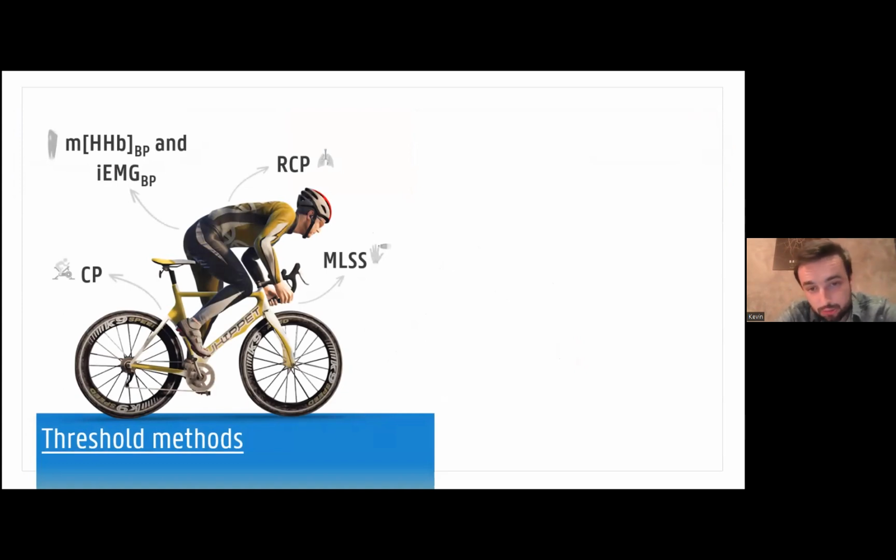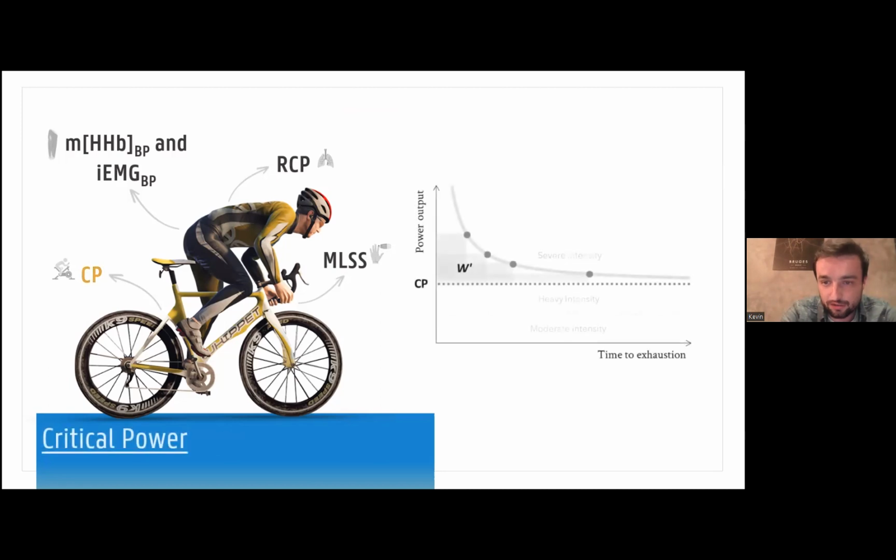And the most known, or another reference method, is, for example, the maximal lactate steady state. We also have the respiratory compensation point, and more at the local level, for example, at the working muscles, the vastus lateralis, we can also measure muscle oxygenation, muscle activation, and also in these responses during exercise, we can find or we can detect some thresholds.